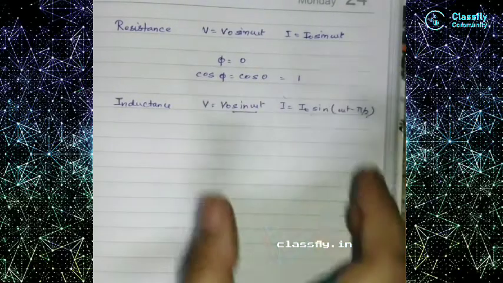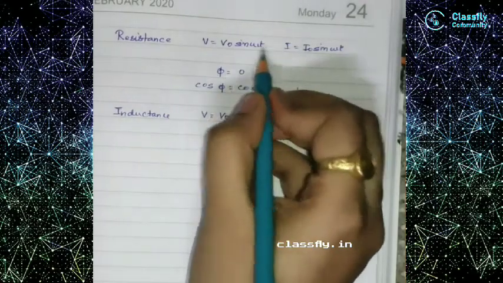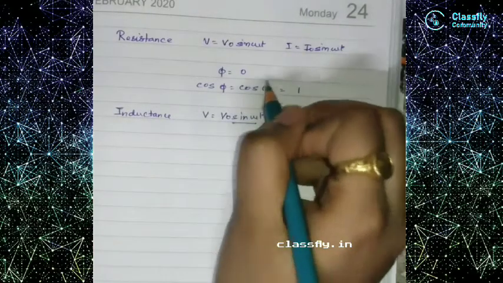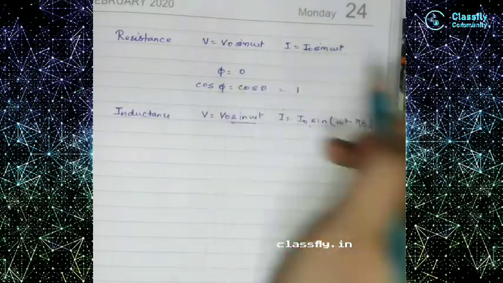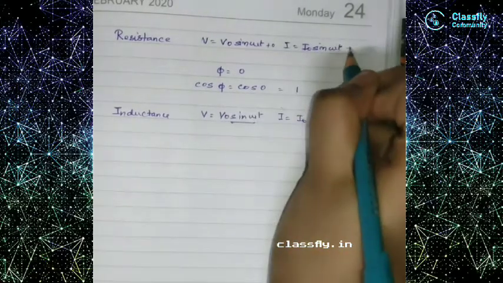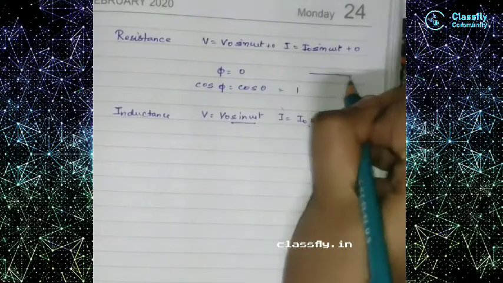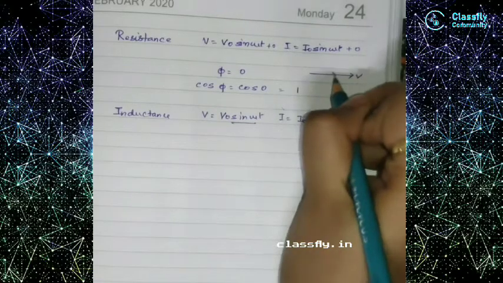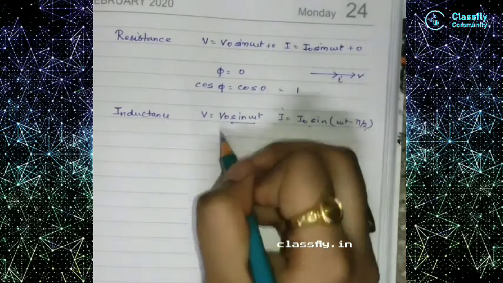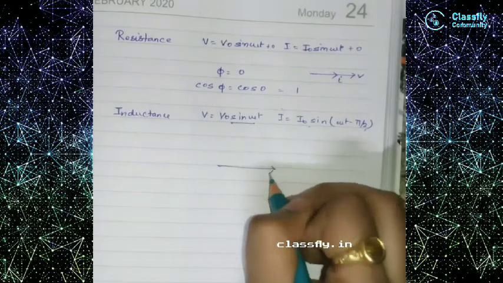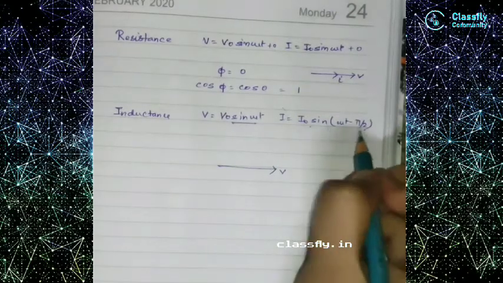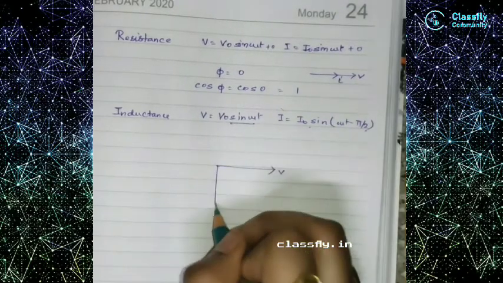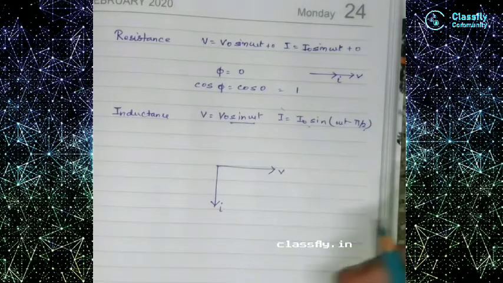So see here the phase diagram will be that as there is no phase difference, it is omega t plus 0, this is also omega t plus 0. So the V is in this direction for the inductance, but the I is minus pi by 2. So my I is this one.